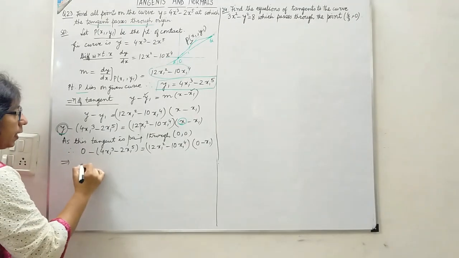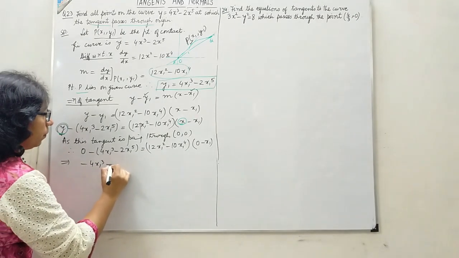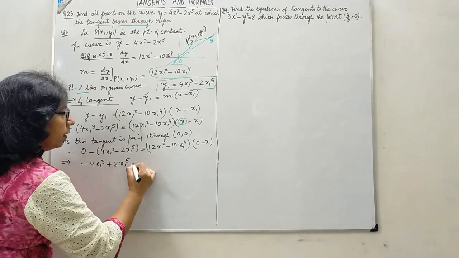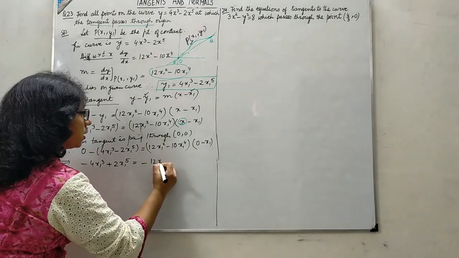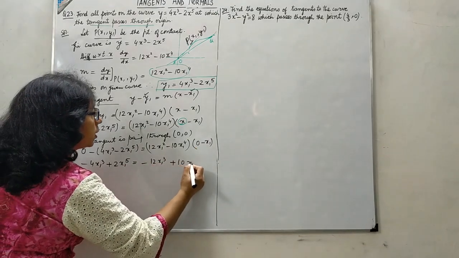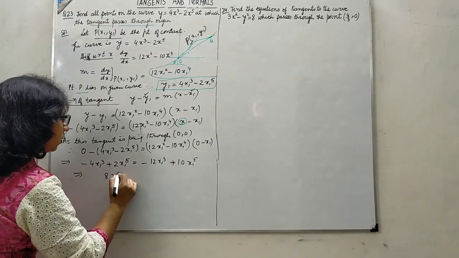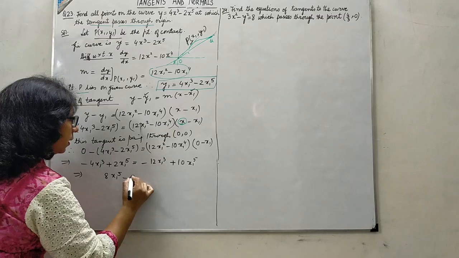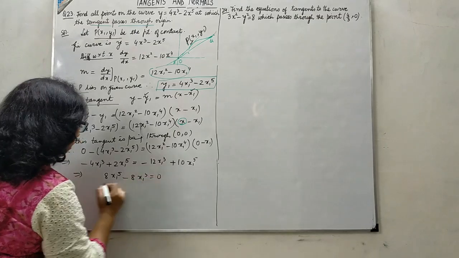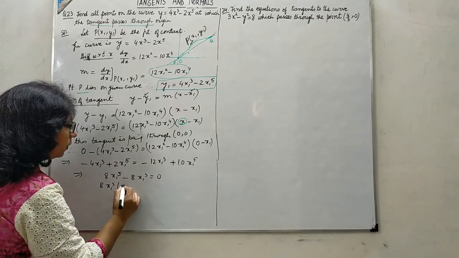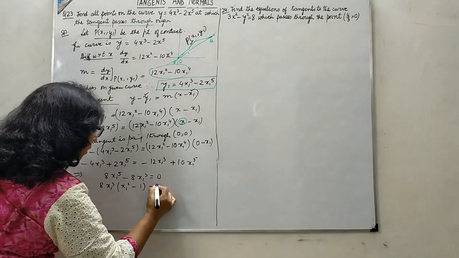Now from here, we can have minus 4x1 cube plus 2x1 to the power 5 as minus 12x1 cube plus 10x1 to the power 5. By simplifying, I get 8x1 to the power 5 minus 8x1 cube as 0. 8x1 cube common, x1 square minus 1 is 0.